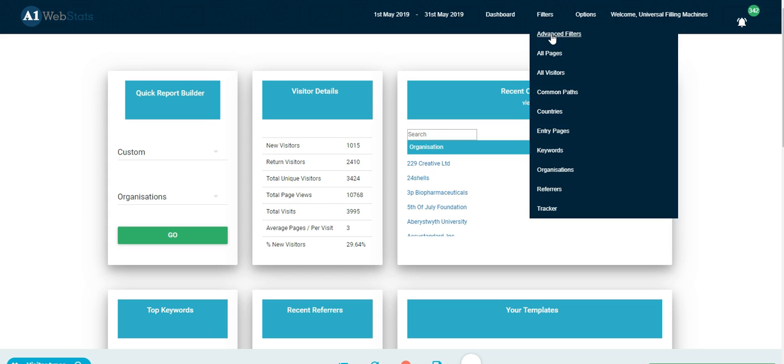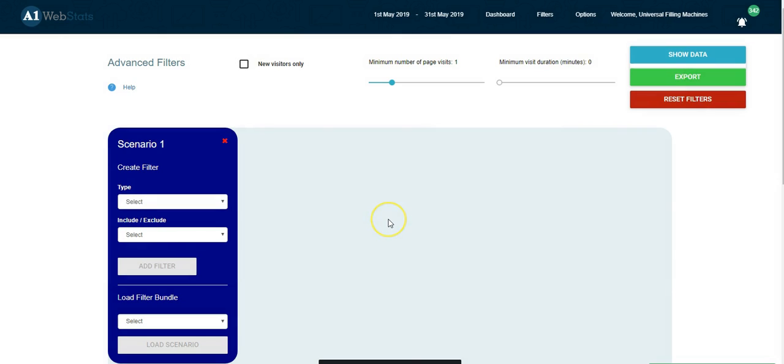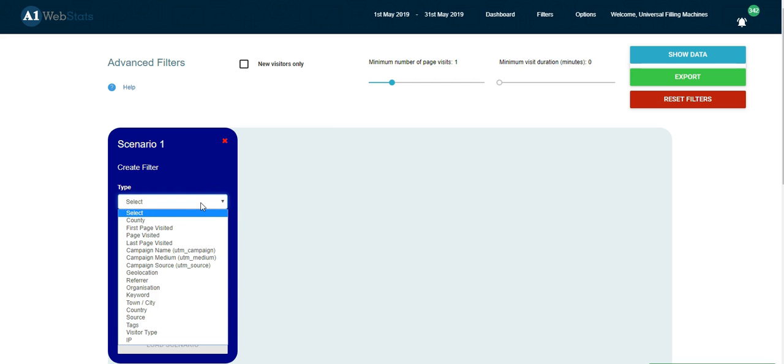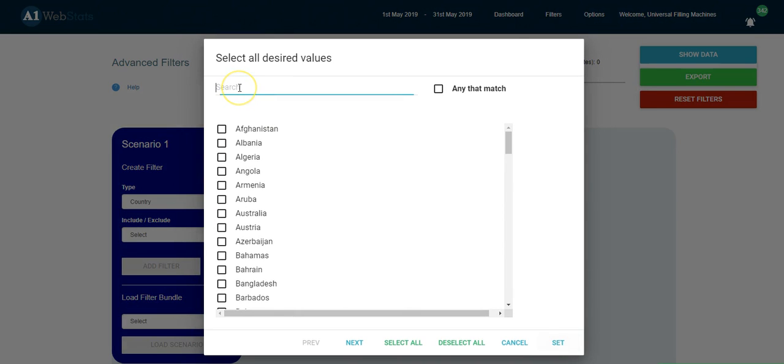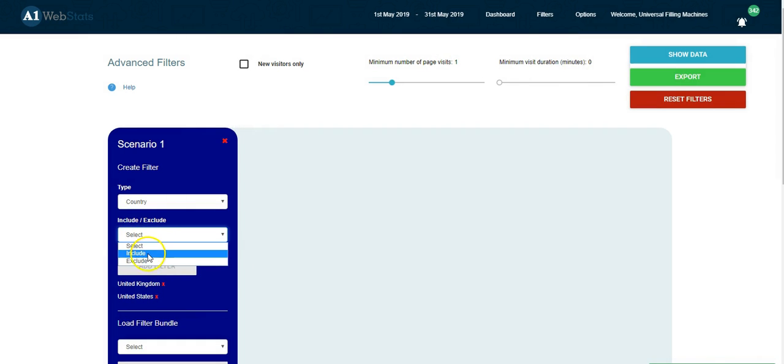So we're going to use advanced filters, and we're going to pick a month. Our starting point is to filter the data to exclude visitors from the UK, which is their home market, and also from the USA, who they don't sell to. So we tick those boxes, click Set, and we exclude those and add that filter.